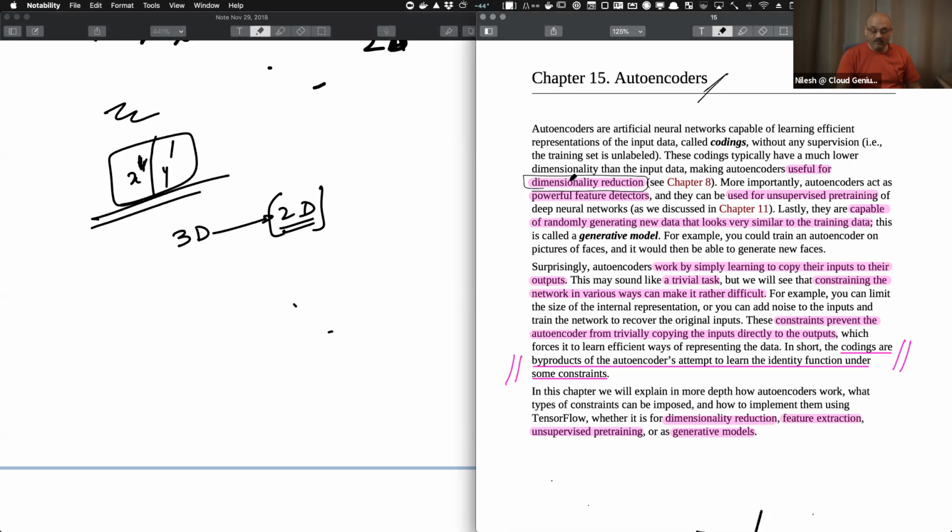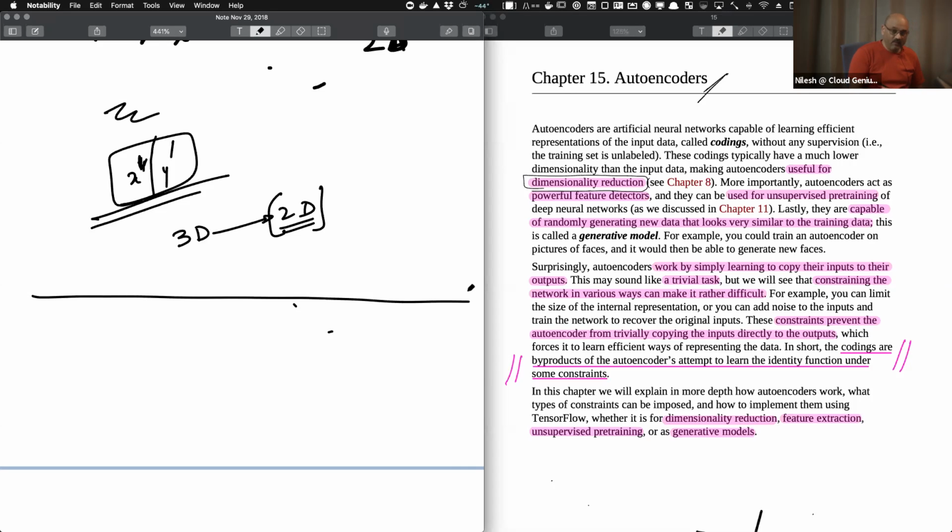The other area where it is becoming extremely useful, which is probably the dominant case these days, is where we have a lot of unstructured and also unlabeled data. Labeled data is something where we already know what it is.